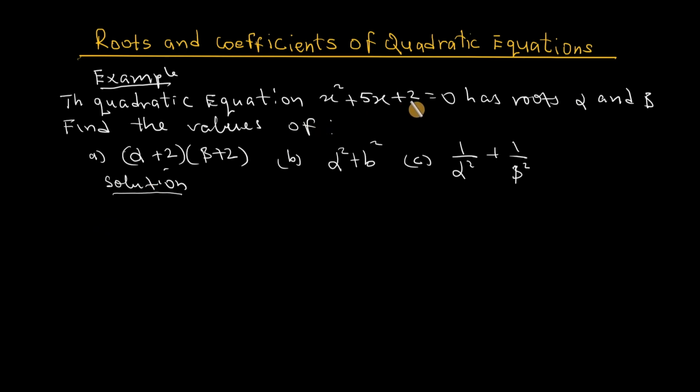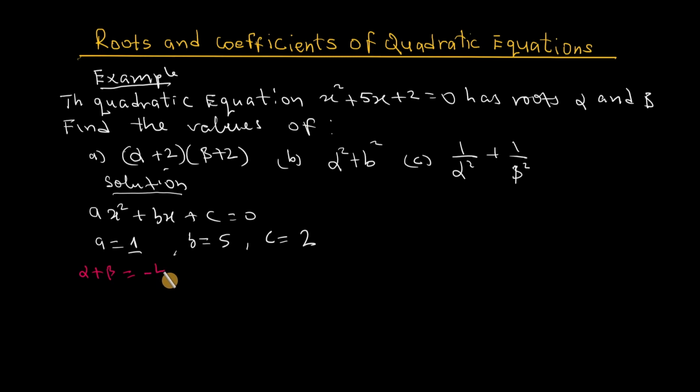Comparing this quadratic equation to the general form of the quadratic equation ax squared plus bx plus c equals 0, we'll see that a is equal to 1, b is equal to 5, c is equal to 2. We know the formula of alpha plus beta is equal to negative b over a.